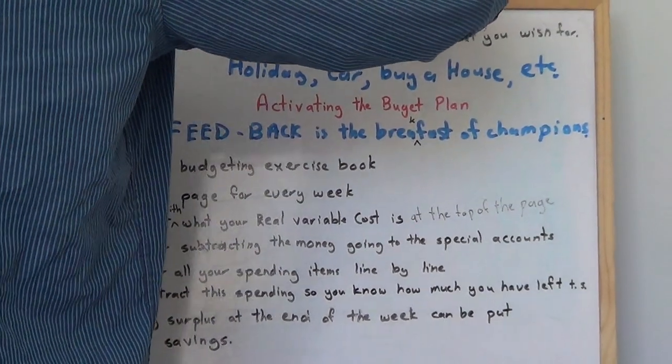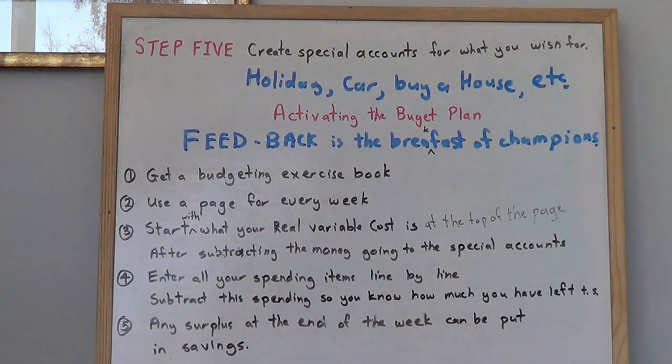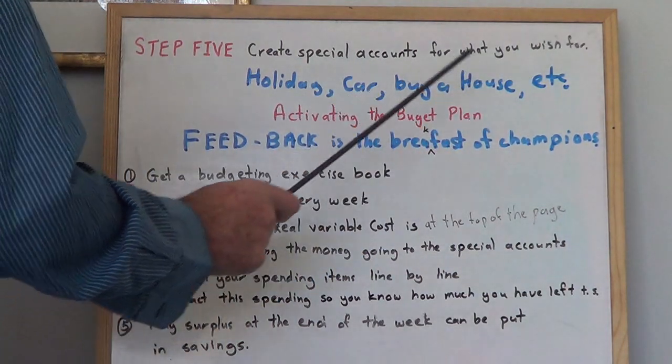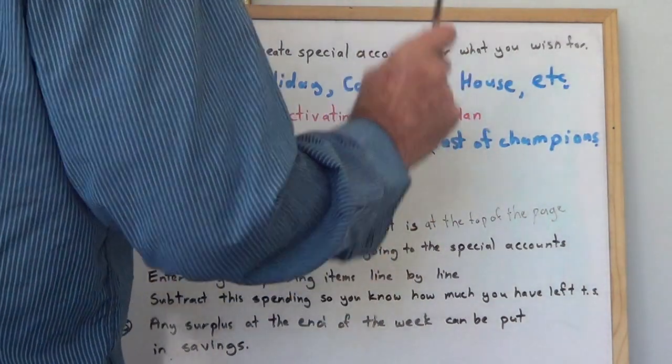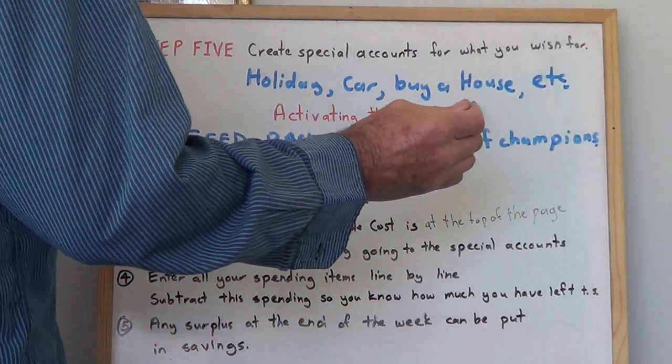Final step. Here we go. Now, you've got this money left over and you can have a look at it and decide to create special accounts for what you wish for. You could wish for a holiday, a car, or to buy a house, or so on. Then, once you've created your special accounts, you activate the budget plan.